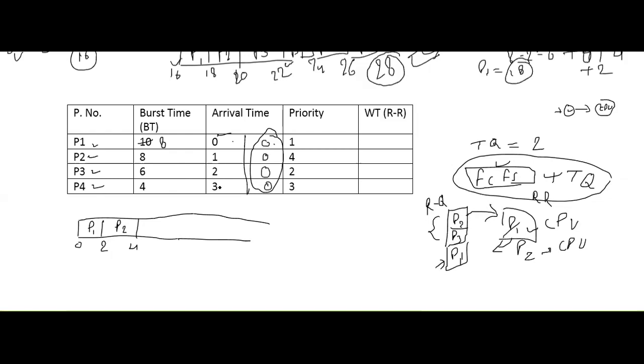Just check here. At the third unit of time, one process, P4, arrives. P4 will get stored in the queue behind P1. Why? Because when P1 entered the queue after its execution in the CPU, P4 had not yet arrived.